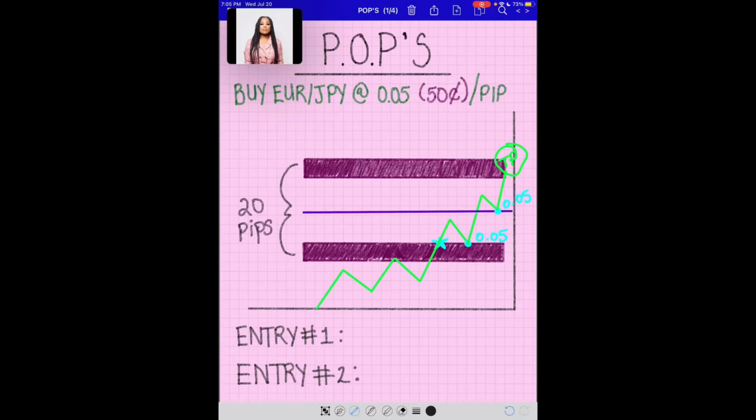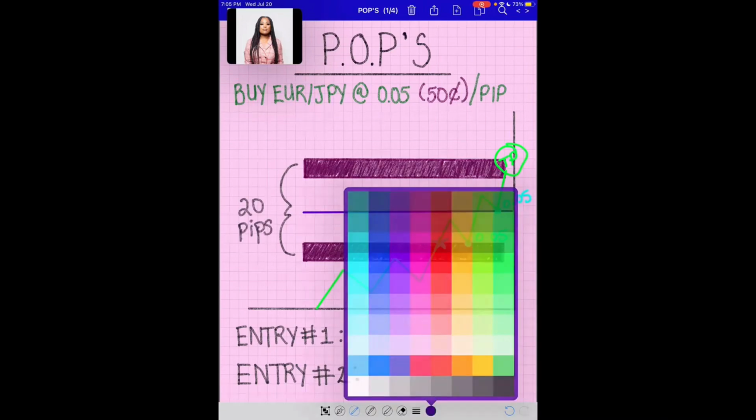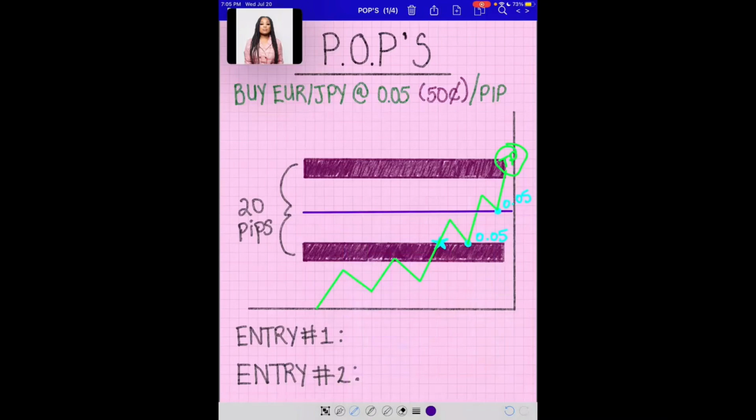That means about halfway through the zone, the distance from here to here would be about 10 pips. On both entries, we got in with a 0.05. As stated before, that represents 50 cents per pip. So if we're going to do the math, 50 cents will be represented by 0.50.